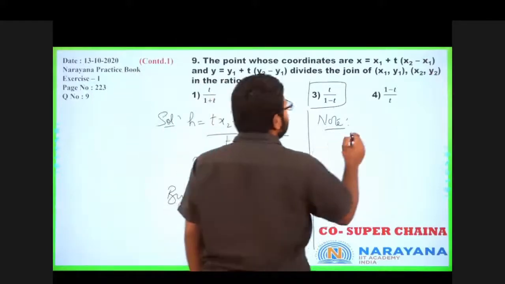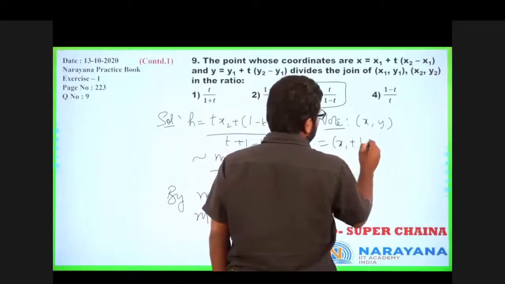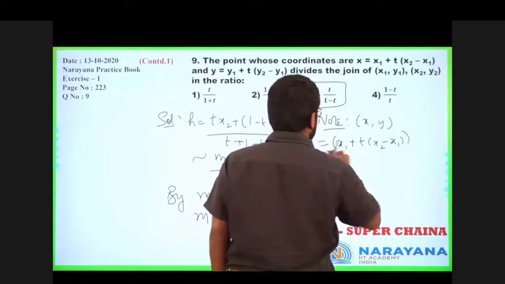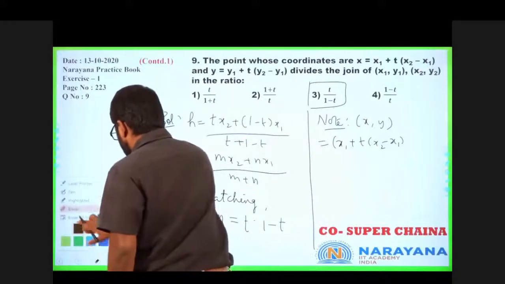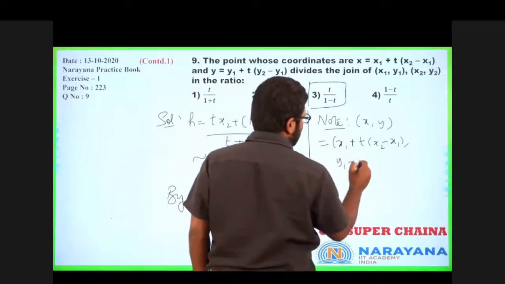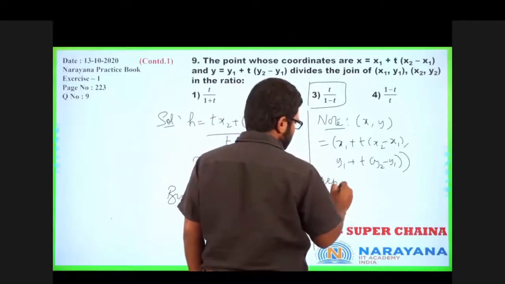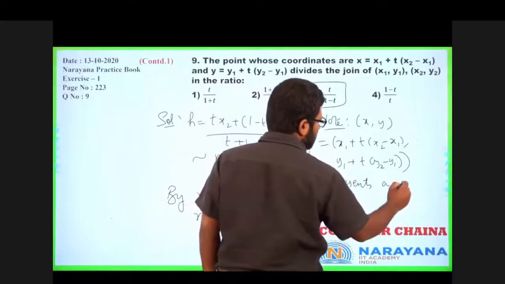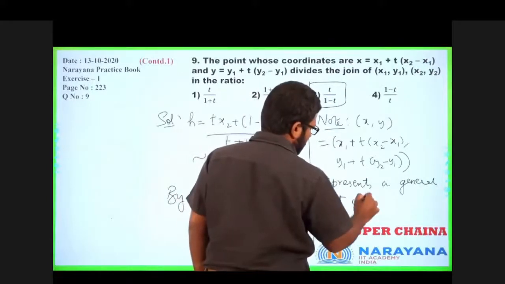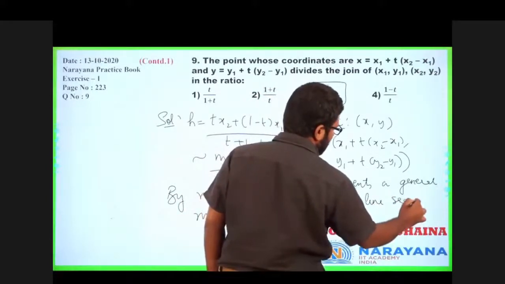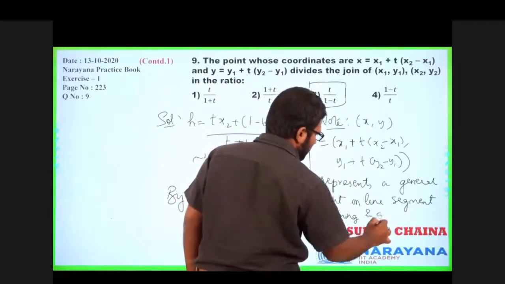So (x, y) equal to (x1 plus t into (x2 minus x1), y1 plus t into (y2 minus y1)) represents a general point on the line segment joining 2 given points.